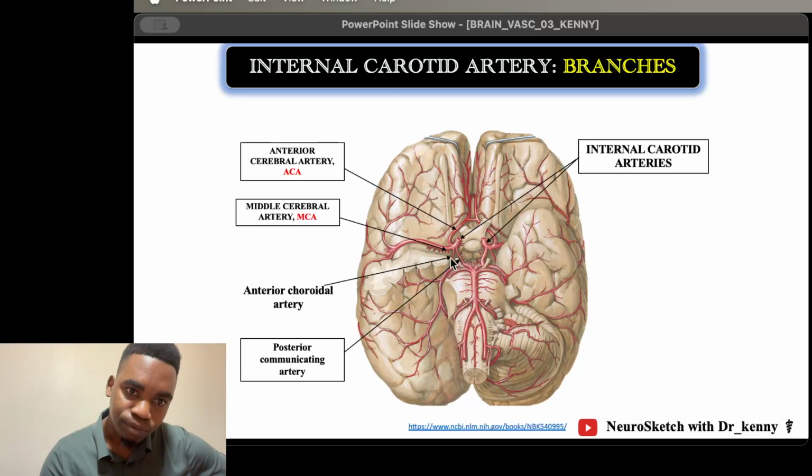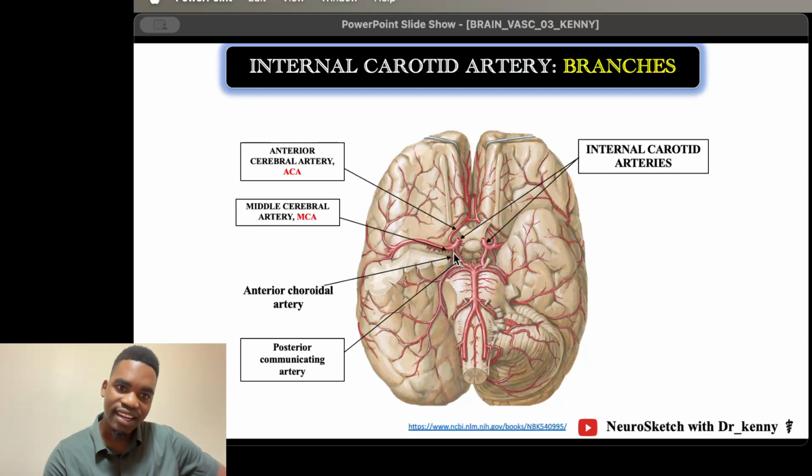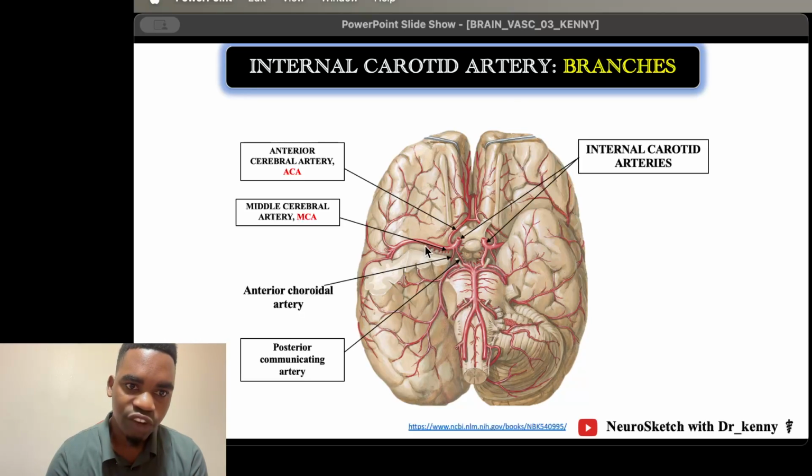And then it also gives another branch, the anterior choroidal artery, and then it terminates by forming 2 terminal branches, the anterior cerebral artery and the middle cerebral artery. But the middle cerebral artery is the biggest of these 2 terminal branches, and you can all appreciate that this is very much bigger compared to this one.